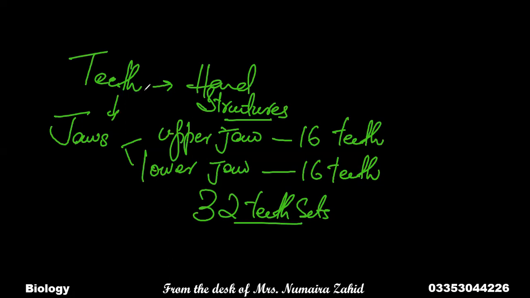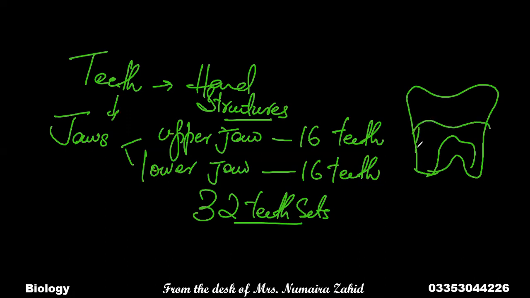This is the part of a tooth. We can see this is the crown part. This is the gum. And this crown part of teeth is used to masticate, to chew, and to grind the food.